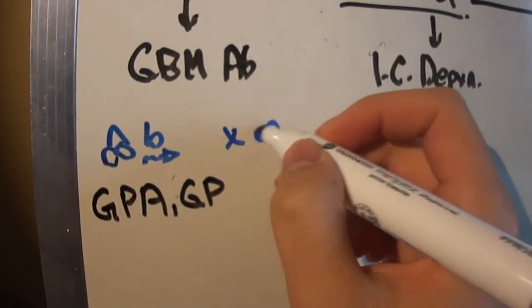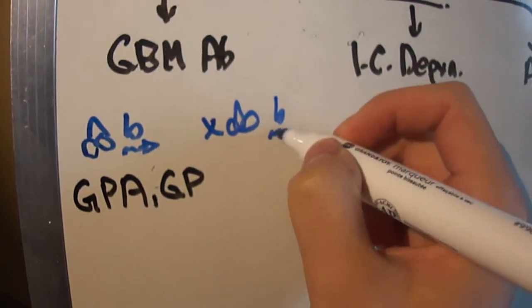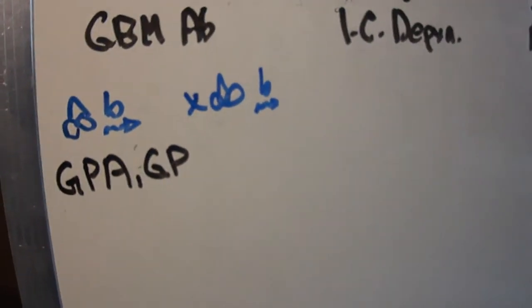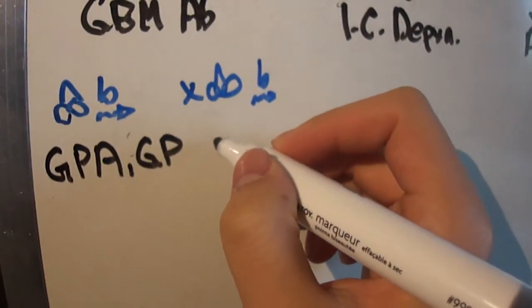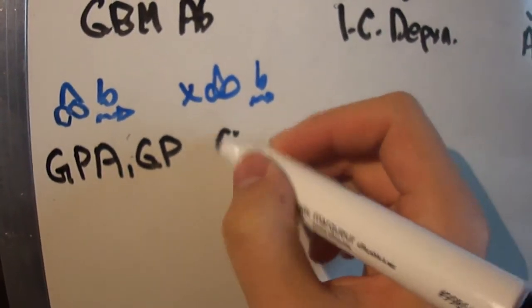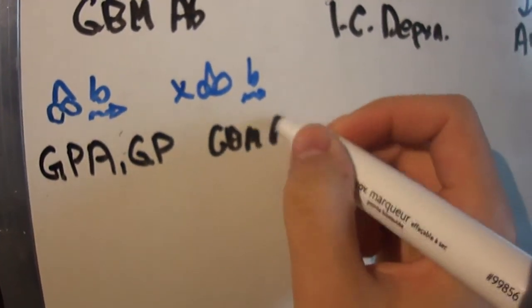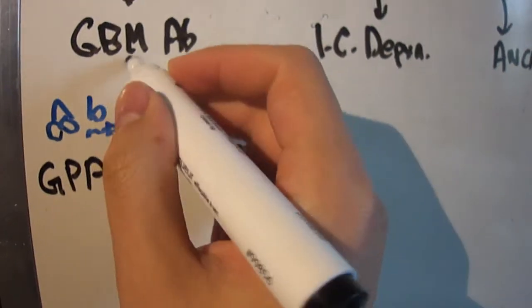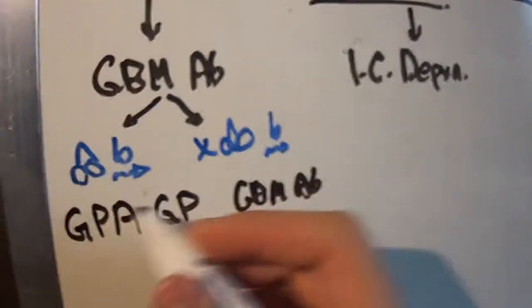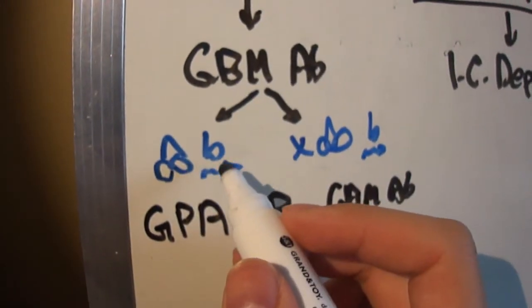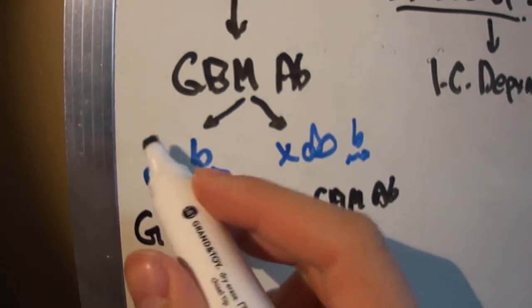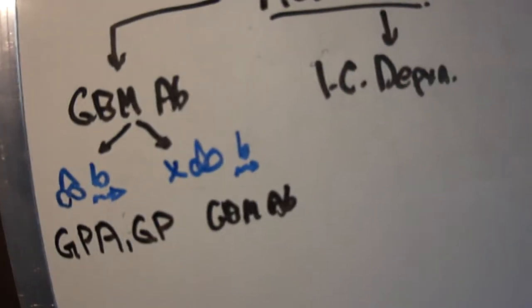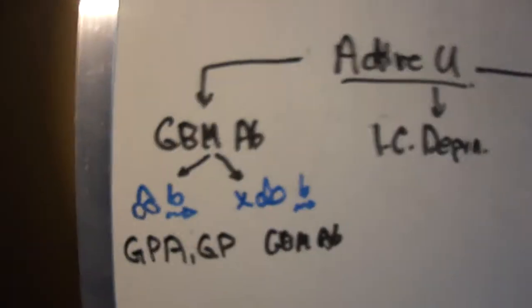If they are not bleeding from their lungs, then it means that they just have another type of GBM antibody disease. Okay? So that's GBM.